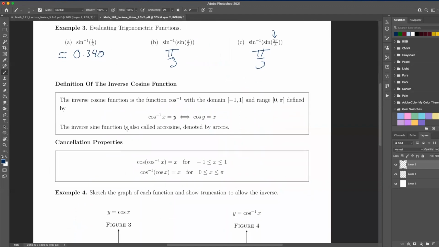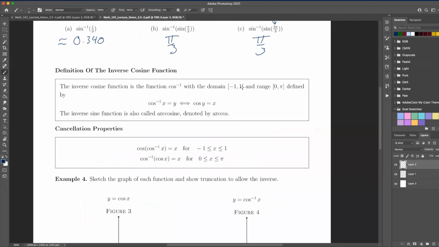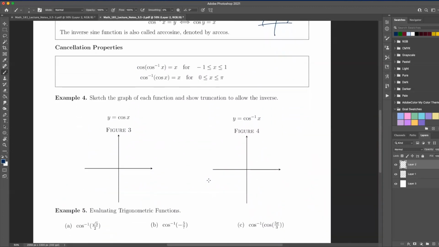So here's inverse cosine. Here it has the domain between -1 and 1 and range between that. Remember, your inverse cosine gave you answers in the first and second quadrant from your trig days. And here we have the same sort of cancellation properties. And so cosine, if we truncate it, cosine starts at 1, and this will be pi, this will be pi over 2, of course, and this is 0.